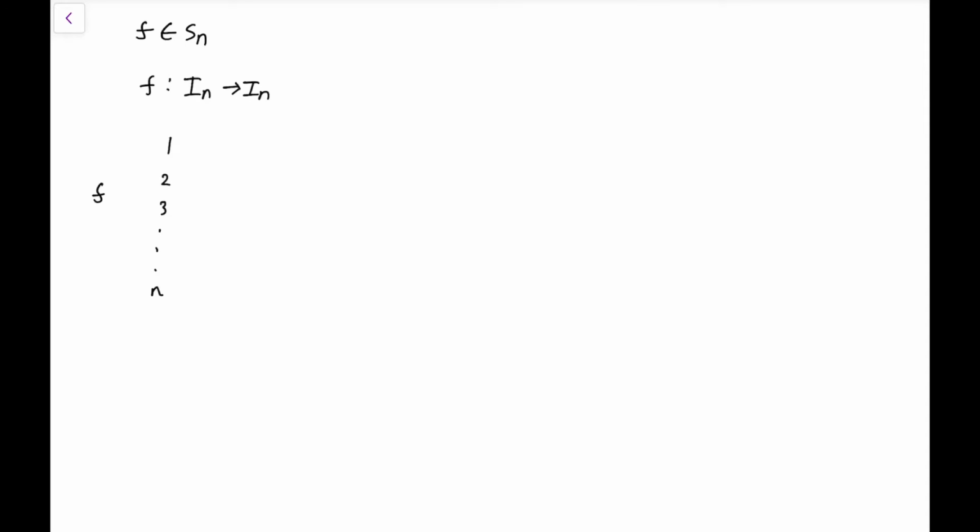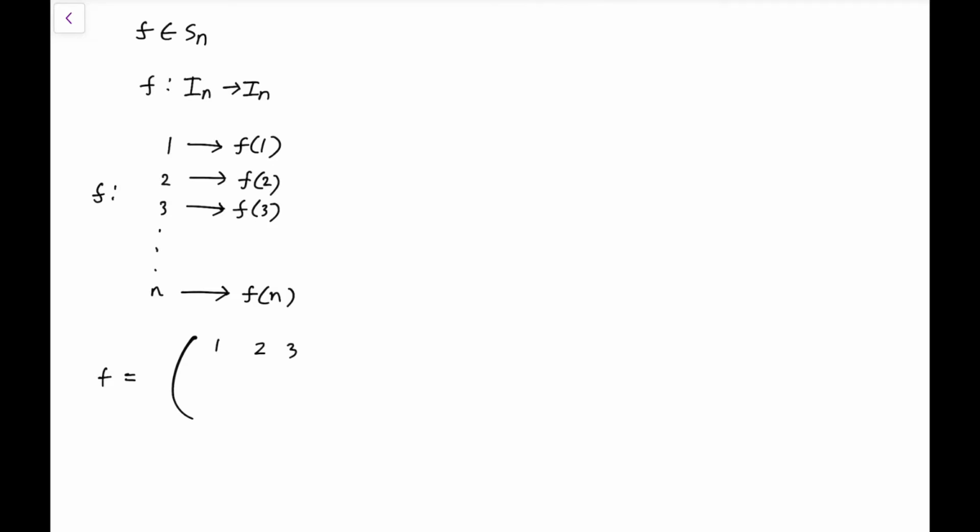Under f, 1 is mapped to f1, 2 is mapped to f2, 3 is mapped to f3, and n is mapped to fn. Then our notion was we will write f as 1 2 3 ... n over f1 f2 f3 ... fn.